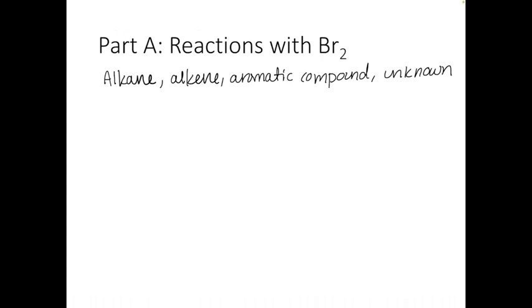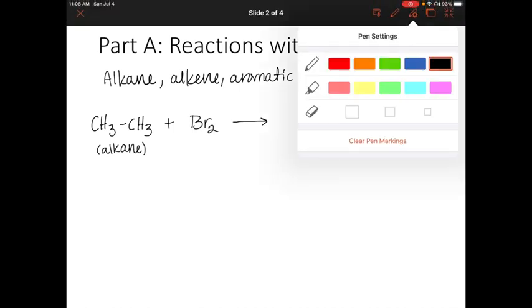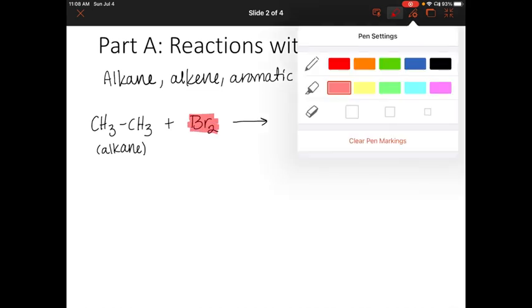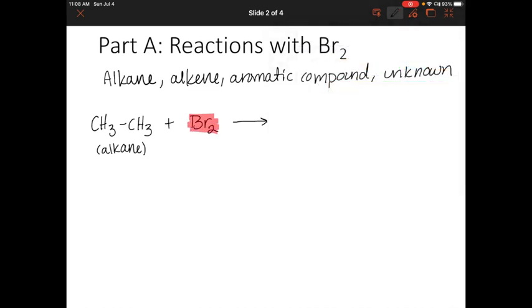So let's start with the alkane. Let's just pick a generic alkane like ethane. Now, initially, the bromine solution is sort of a reddish-orange color. And then when we add sunlight or heat, the bromine is going to add to the alkane.